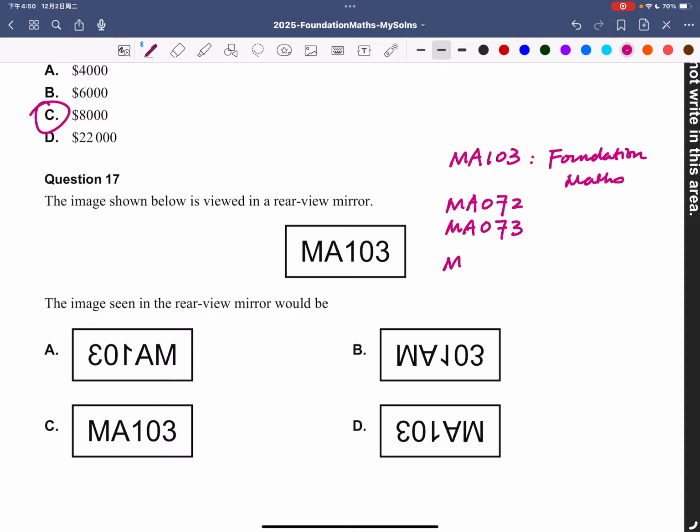And we also have MA112 and MA113. That's for math methods exam 1 and exam 2. And finally, my most favorite subject, MA092 and MA093. They stand for specialist math exam 1 and specialist math exam 2.